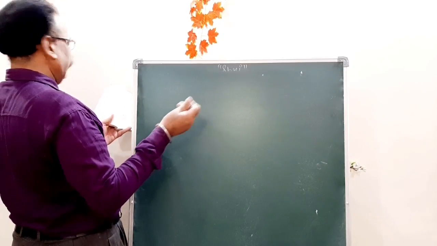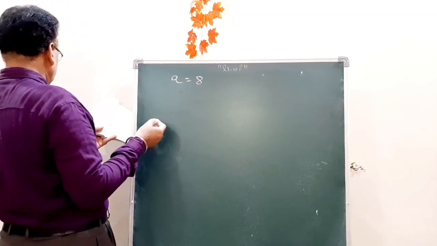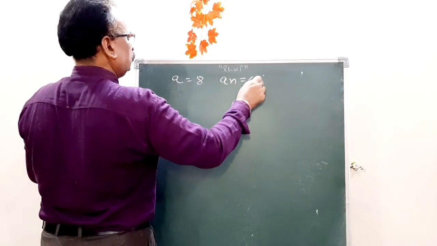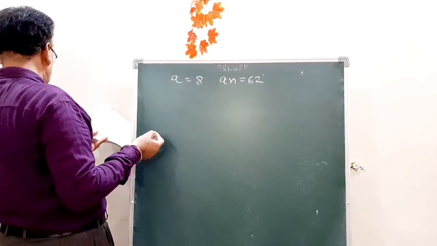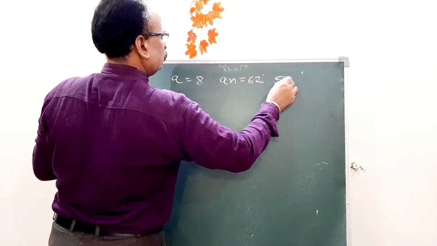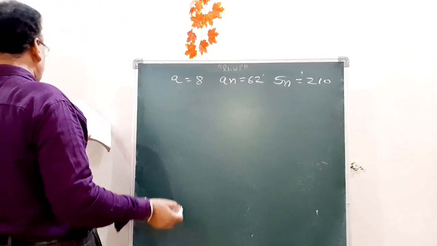Question number 7 I am taking. a is equal to 8, l is equal to 62, Sn is 210. Find n and d.